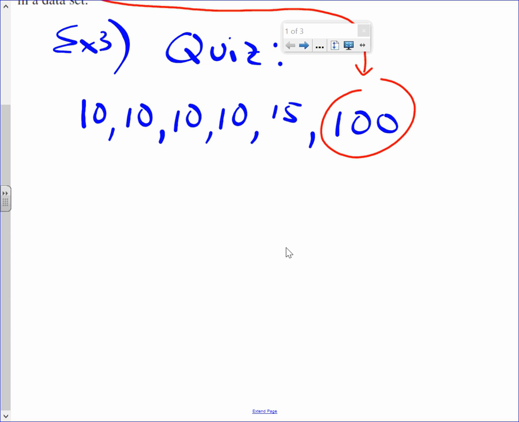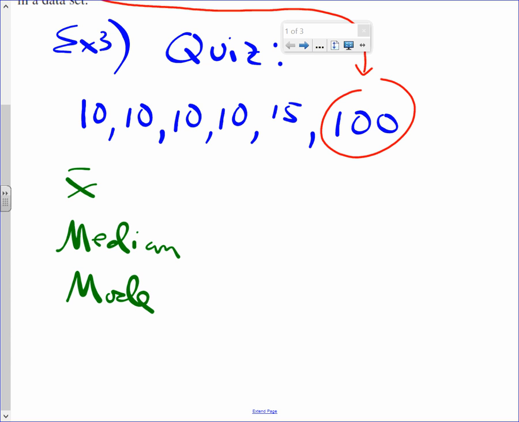Let's calculate the mean, that's x bar, the median, and mode of this data really quick. Here we go. So write this with me. Let's think about this situation. Let's find the mean. I'm going to go ahead and calculate it. We got 40 plus 15 is 55. We got 155.